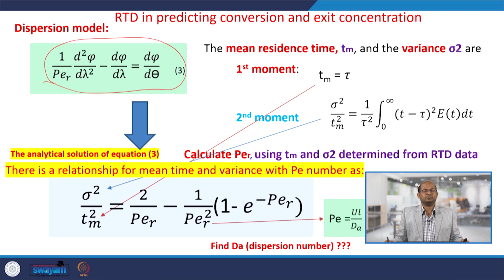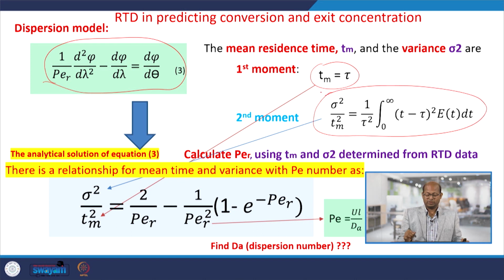These are the differential equations we developed for the tracer test. We have not solved these equations yet, but there are correlations for this closed boundary condition tracer test. Space time equals mean time in this case, and the variance sigma square and mean time are related like this, as I said in our last class also.